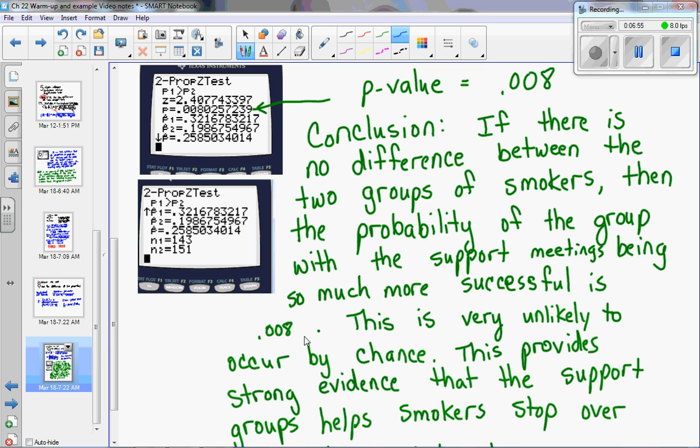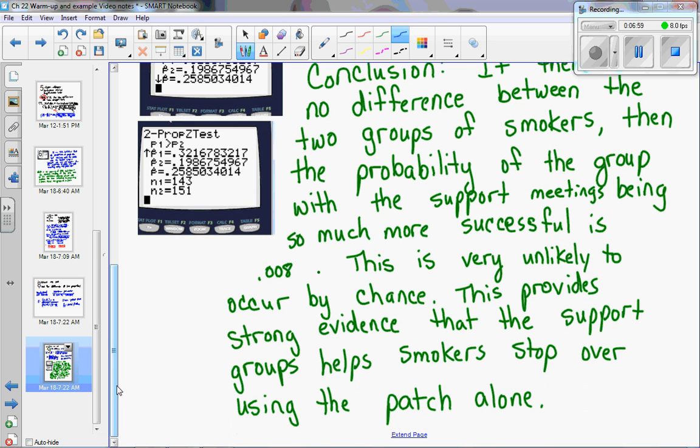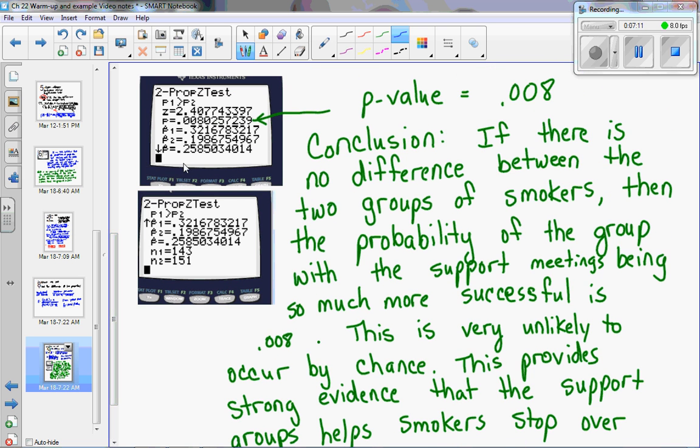Okay, this is pretty small. This is unlikely to occur. This provides strong evidence that the support groups, I guess that should be help smokers stop overusing the patch alone. So this does provide us with that strong evidence. We have a low p-value, so we reject the null hypothesis.